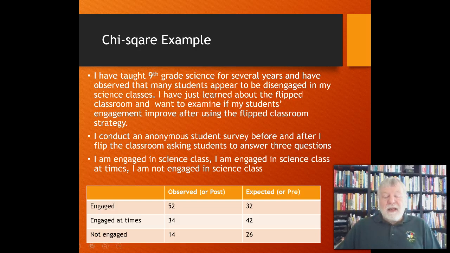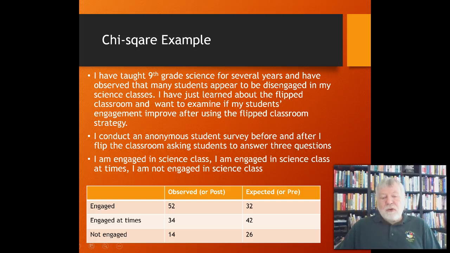So what I do is conduct an anonymous survey of my students before and after I use the flipped classroom. I ask them three questions anonymously. The options could be: I'm engaged in science class, I'm engaged in science class at times, when the teacher looks at me, or I'm not engaged in science class. I tally the scores and find that 32 of my students said that they were engaged in science class.